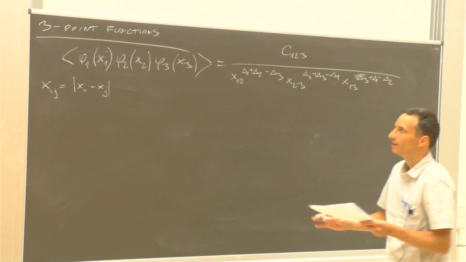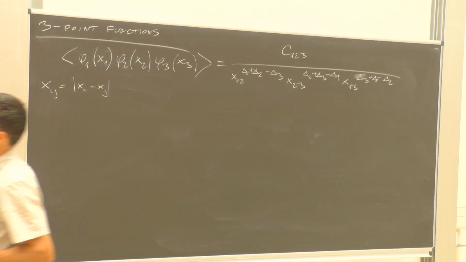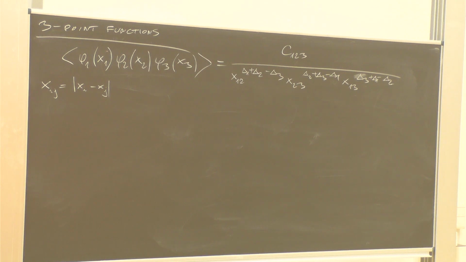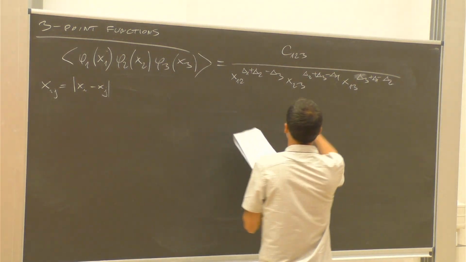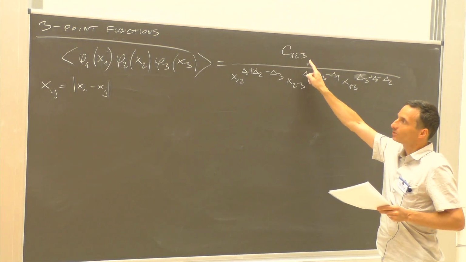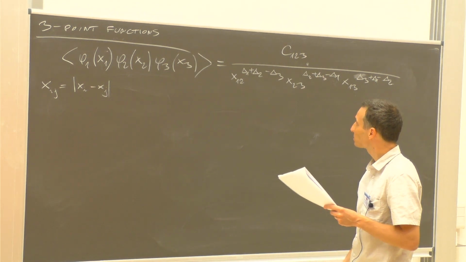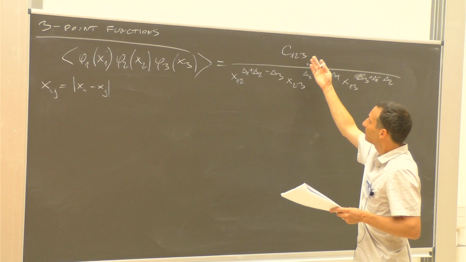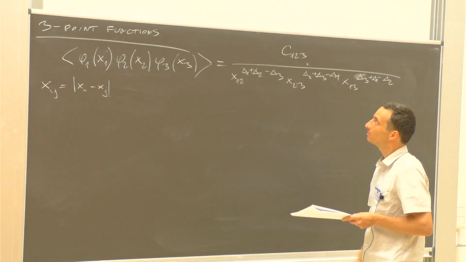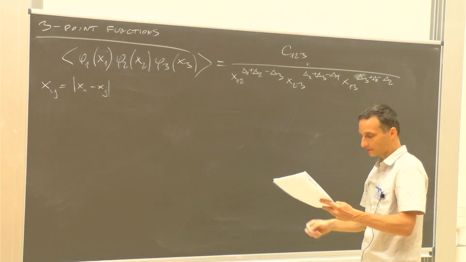You may even normalize 2-point functions and put this C1 to be 1, or include that in the convention for your expectation value. But then the important quantities are these C1 to 3, which are different in various theories, and finding them is typically not a trivial task, but they give you much information about a given theory.